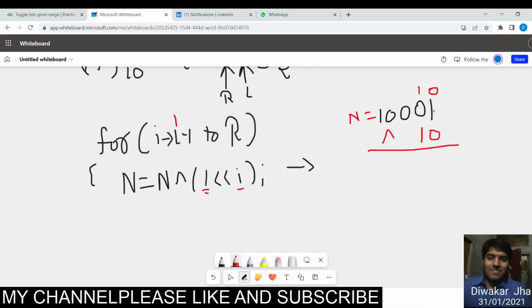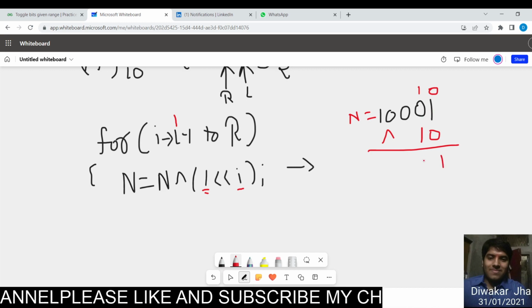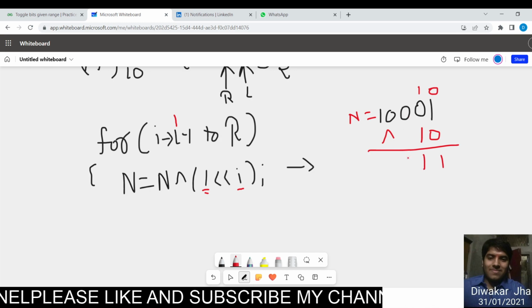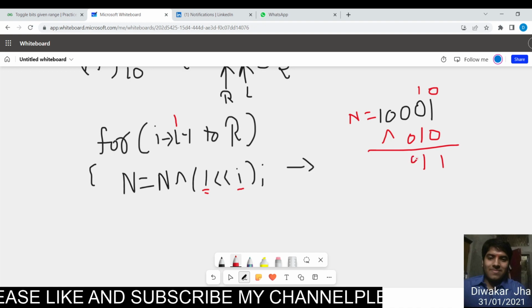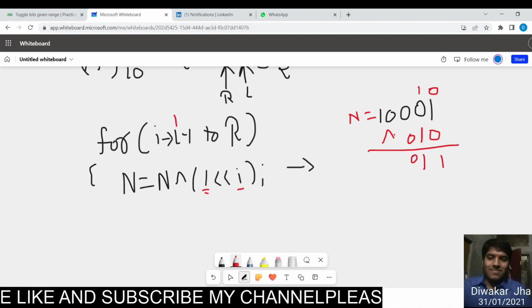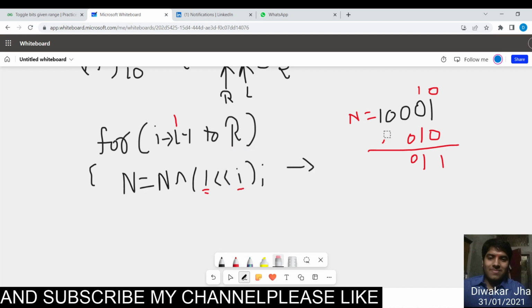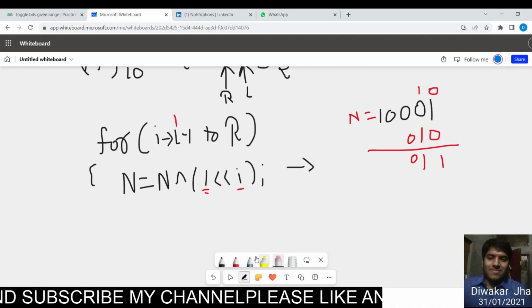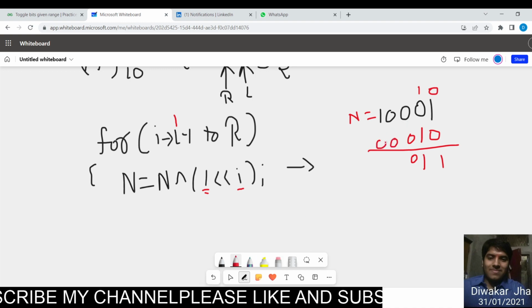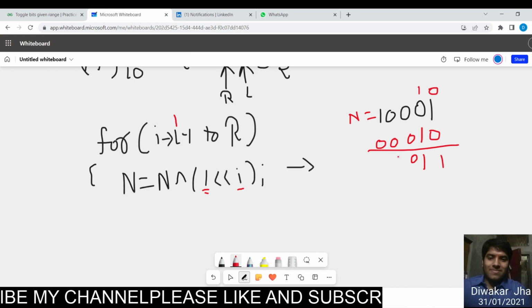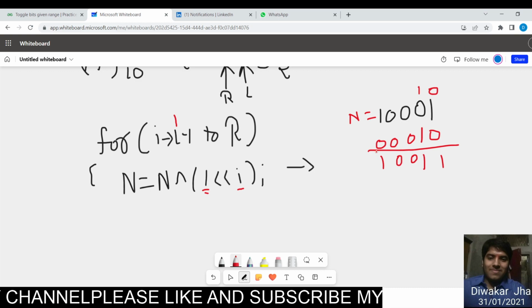So your bit will be toggled: 1 and 0 gives 1, 0 and 1 gives 1, 0 and 0 is equal to 0.